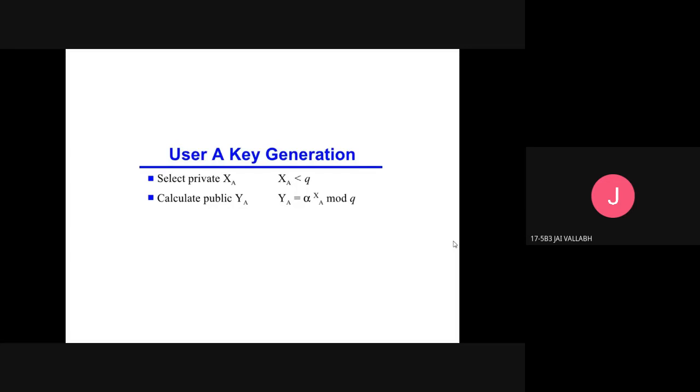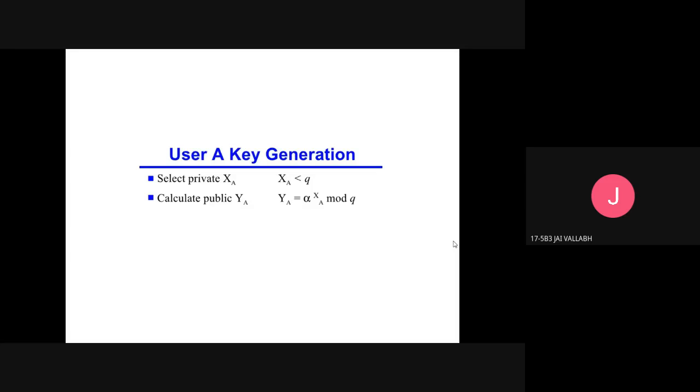And after selecting the private keys, that is XA and XB for the receiver, we'll be calculating the public key values. For calculation, we'll be using this formula: alpha power XA mod Q, where alpha is the primitive root, as I have already said, and XA is the private key of the sender. As the private key is already known by the sender, we can use it to calculate.